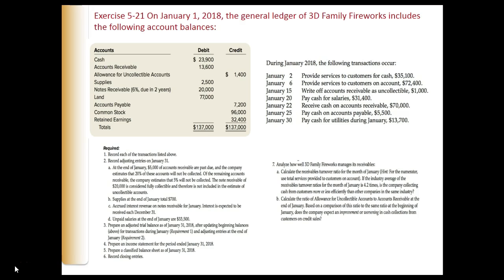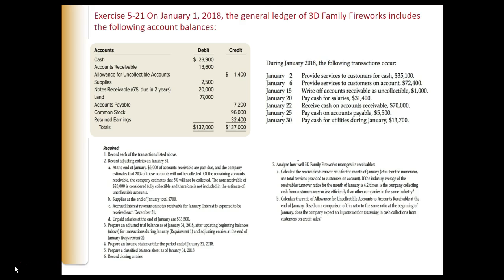Supplies $2,500. Notes receivable, a 6% due in 2 years, $20,000. Land $77,000. Accounts payable, a credit $7,200. Common stock $96,000. Retained earnings $32,400. It gives us several transactions, and the first thing we're going to do is record each of these transactions.